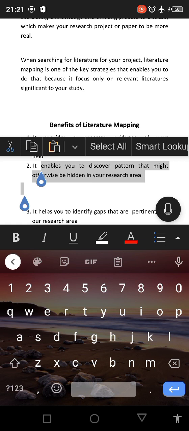There are diverse perspectives from which you can write your work. It enables me to discover this pattern.